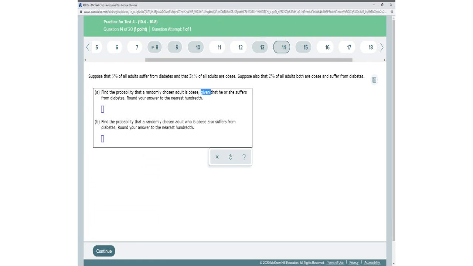So what that means is the denominator is going to be whatever follows the word given, and that is suffers from diabetes. Well, they tell us that right here. Suppose that 3% of all adults suffer from diabetes. Okay.